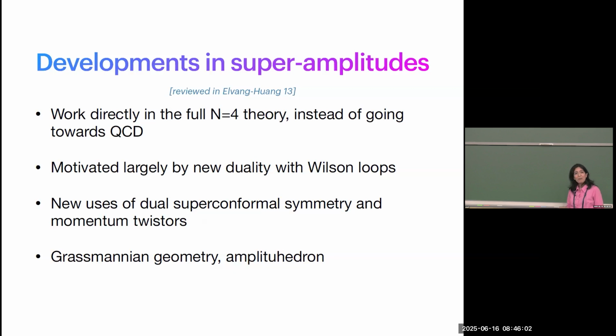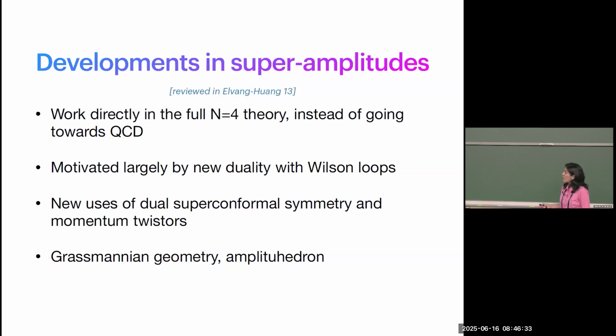Once you put together the components in a superfield, you have a new appreciation for separating positive and negative helicity components of gluons, because these are also just separate components of the superfield. The reason this came back and merited a new look around that time was that it was motivated by a newly discovered duality with Wilson loops, which is part of the rich structure of n=4 super Yang-Mills.